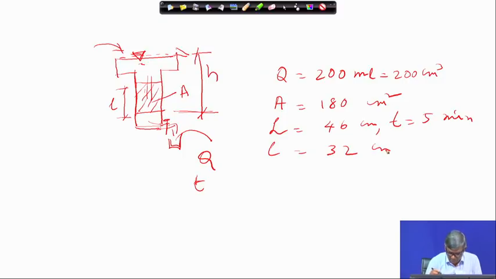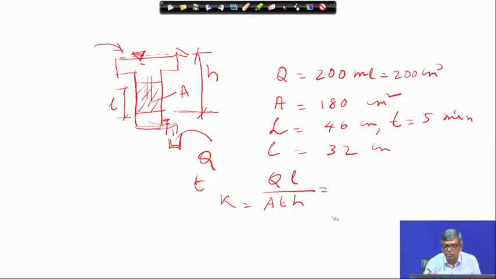And our governing equation, k equal to Q into L by A into T into H. So, all those quantities are known here.